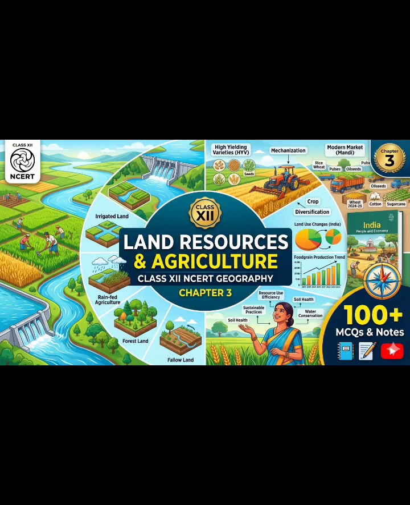Zaid is a short duration summer cropping season beginning after harvesting of Rabi crops. The cultivation of watermelons, cucumbers, vegetables and fodder crops during this season is done on irrigated lands. However, this type of distinction in the cropping season does not exist in southern parts of the country.